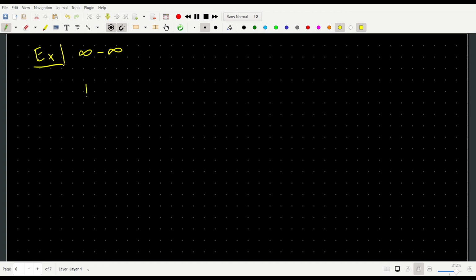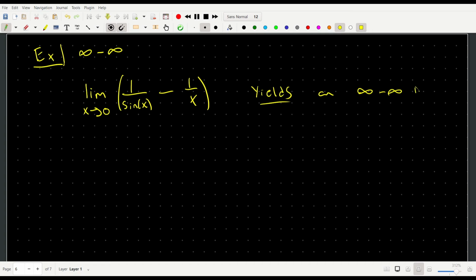So for example, if you were to see the limit as x goes to 0 of 1 over sine of x minus 1 over x, this is what's called an infinity minus infinity indeterminate form, where we say it yields an infinity minus infinity indeterminate form because 1 over sine of x as x goes to 0 is going to infinity, and 1 over x itself is also going to infinity.